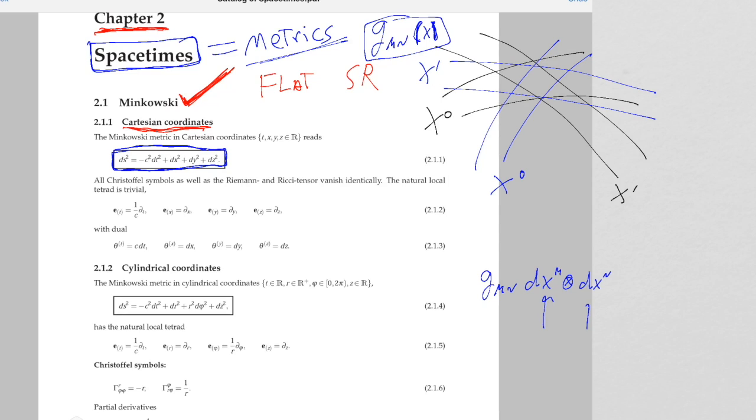This requires these two one-forms here, these two covectors, they are written in the coordinate representation. So in order to write down this component, to give you a number for this component, I have to have a coordinate system, because the coordinate system will define the covectors, and those covectors will have components that define the metric.